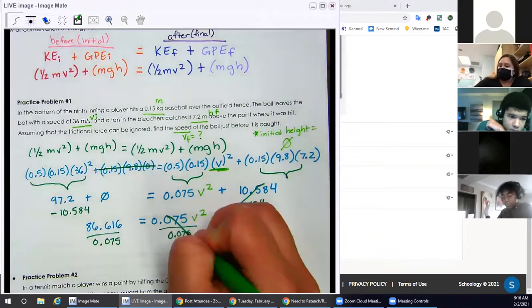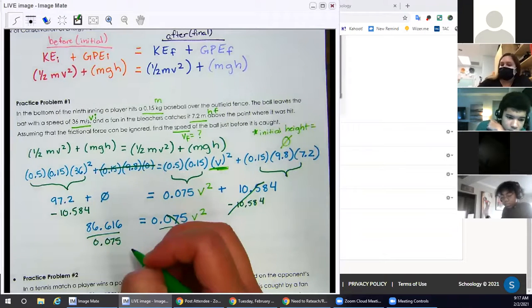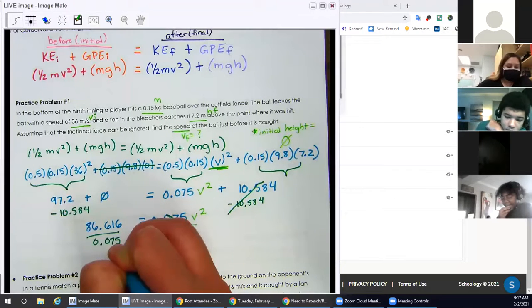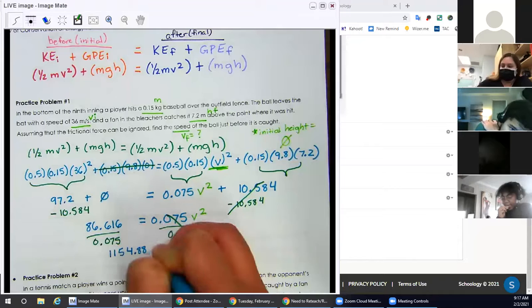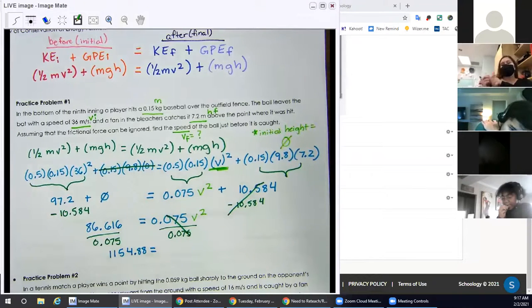That cancels out over here, so I'm left with 86.616 divided by 0.075. There's too many numbers. I know, I'm sorry. 1154.88. Well, I'm showing all my work. If you can do it without showing your work, you don't have to write all these numbers.